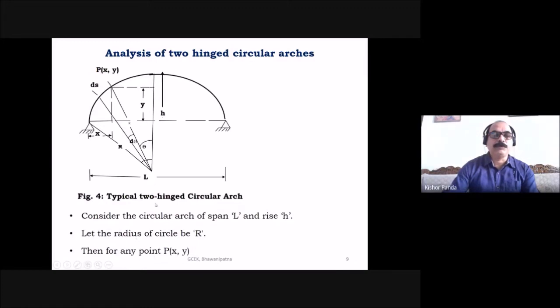Then for any point P(x, y), what is the y distance? This length is y. How will you find this length? This is the radius of the arch, and here this is also the radius of the arch.